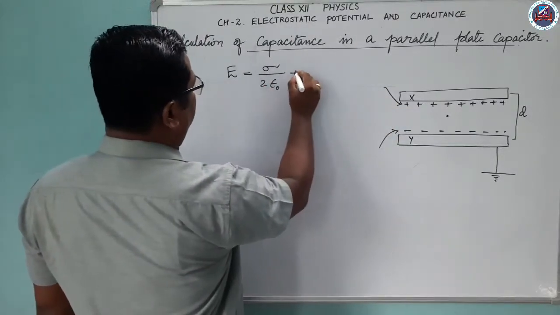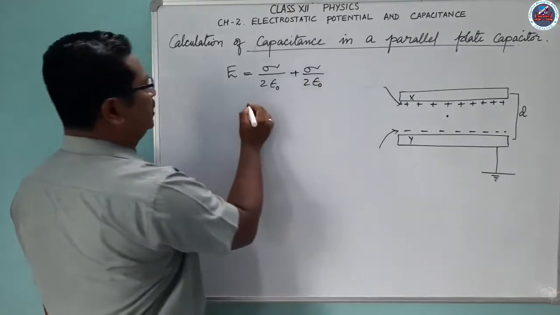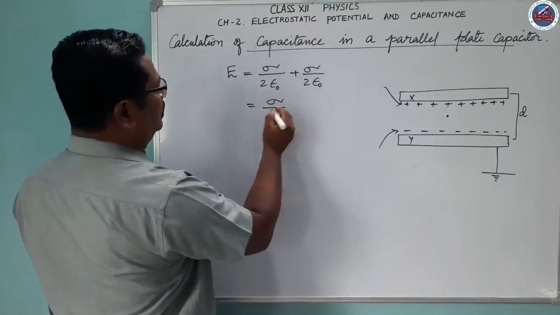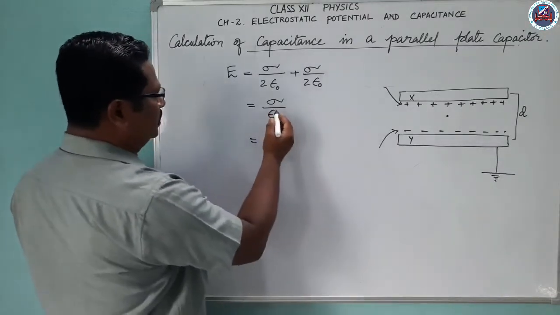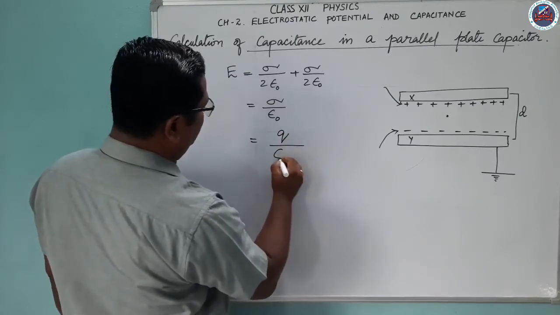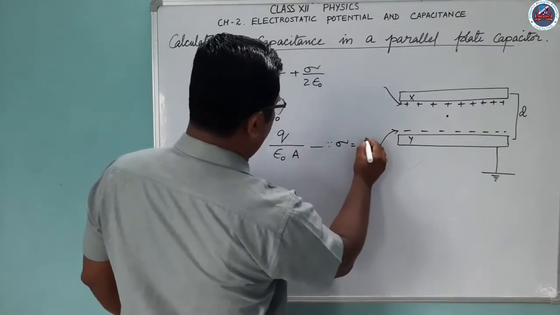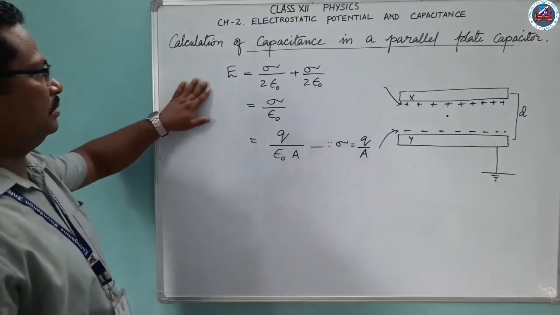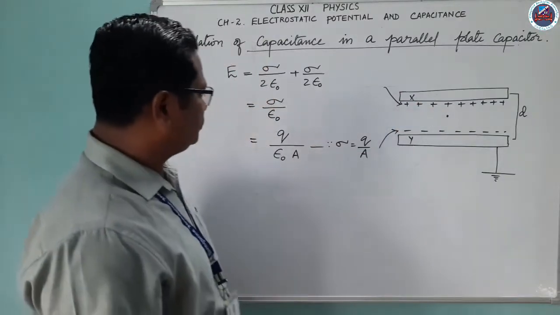Then for the second plate, also sigma divided by 2 epsilon naught. So ultimately, if you take the LCM and rearrange, you get sigma divided by epsilon naught. Now sigma is surface charge density, which is charge per unit area. So it will be Q divided by epsilon naught into A. This is the electric field intensity in between the two plates of the capacitor.